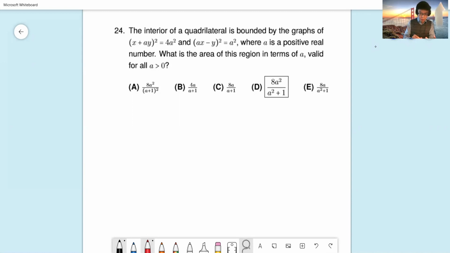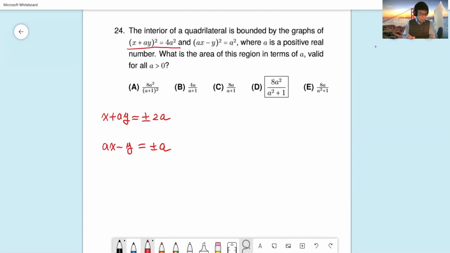We have x plus ay equals positive or negative 2a. We have two straight lines. They are parallel. They have the same slope. And the other one is ax minus y equals positive or negative a.